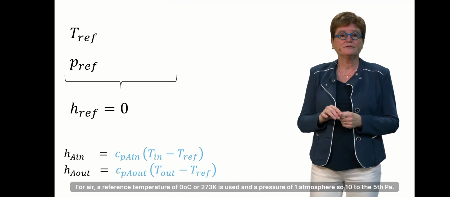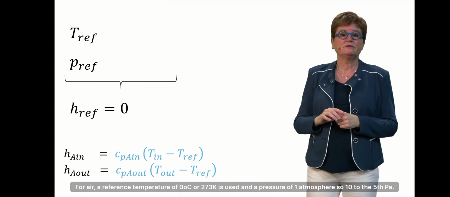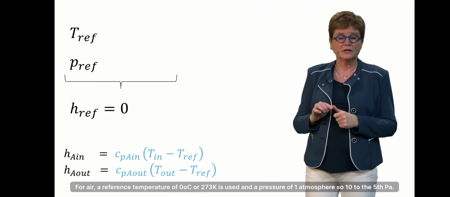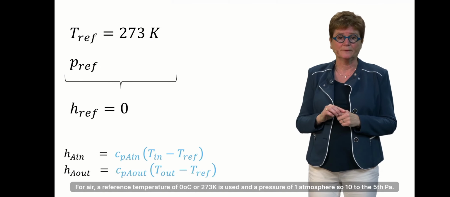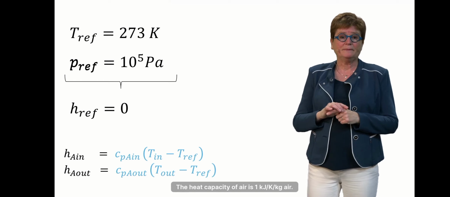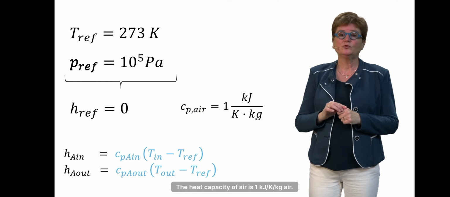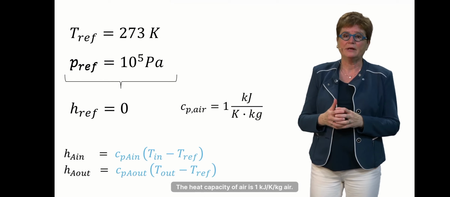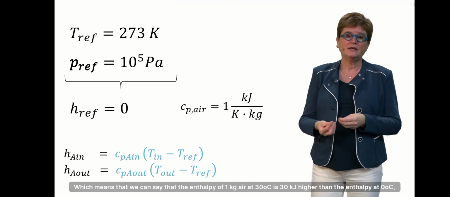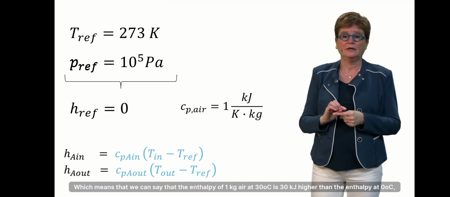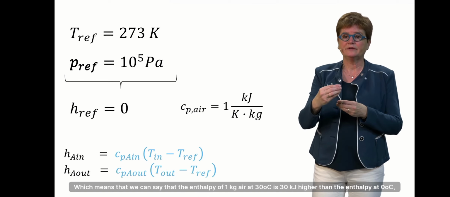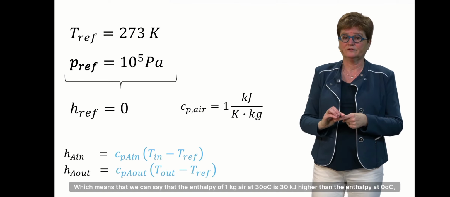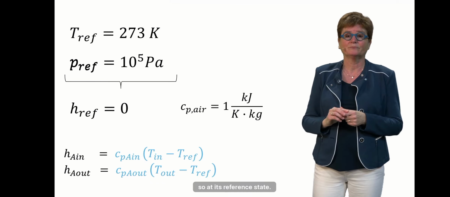For air, a reference temperature of 0 degrees Celsius or 273 Kelvin is used, and a pressure of 1 atmosphere, so 10 to the 5th Pascal. The heat capacity of air is 1 kilojoule per Kelvin per kilogram air. So it means that we can say that the enthalpy of 1 kilogram air at 30 degrees Celsius is 30 kilojoules higher than the enthalpy at 0 degrees Celsius, so at its reference state.